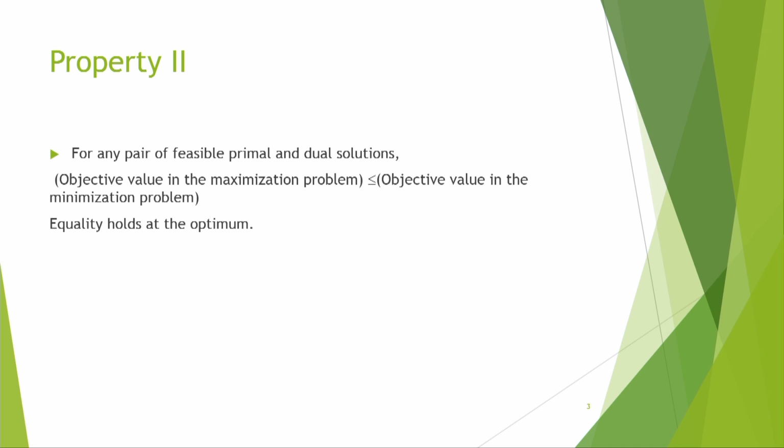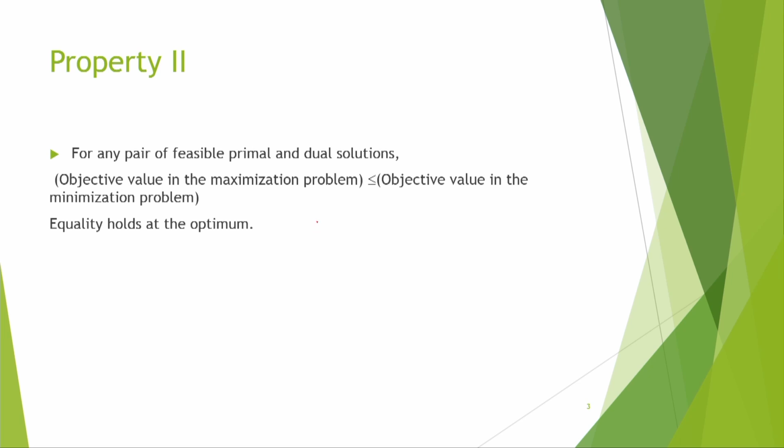Property 2 is that, for any pair of feasible primal and dual solutions, the objective value in the maximization problem will be less than or equal to the objective value in the minimization problem, and equality holds at the optimum.